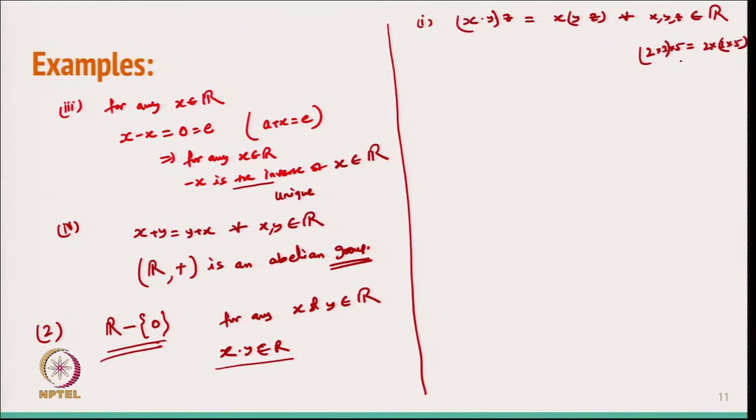So, it does not matter whether you are calculating 2 into 3 first and then 5, or 3 into 5 then 2. So, it is associative in that case.